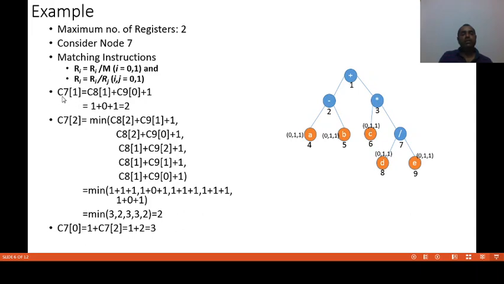C71 represents the cost of node 7 when I am using only 1 register. It will be like this.